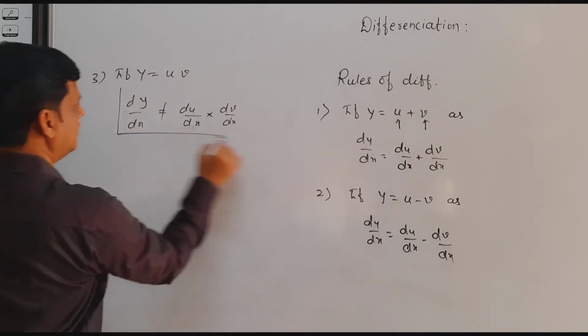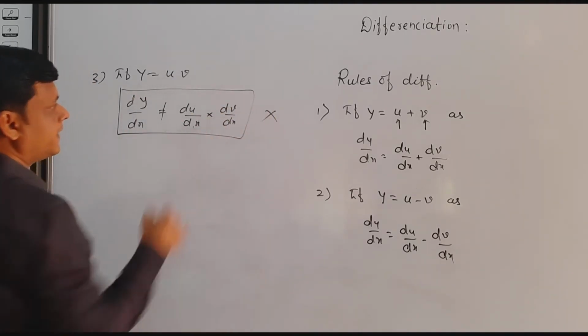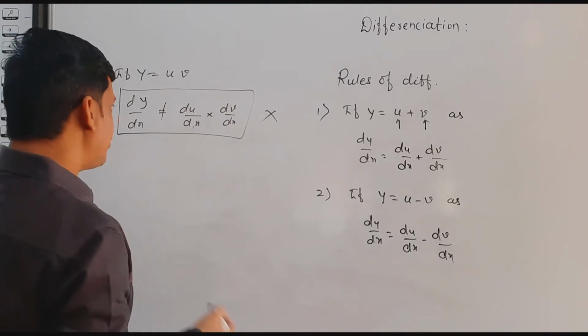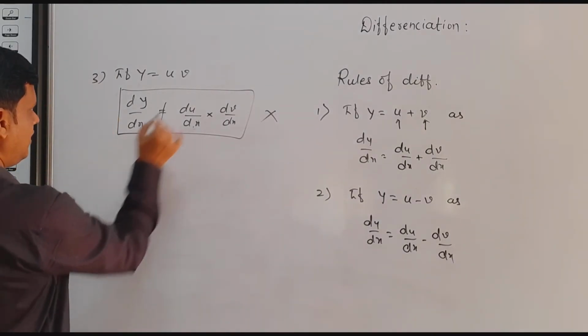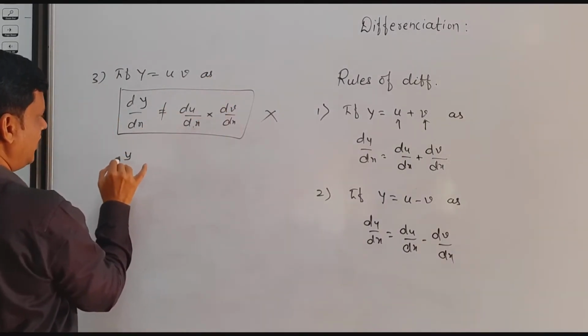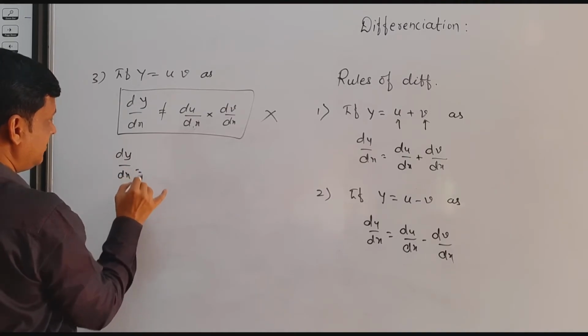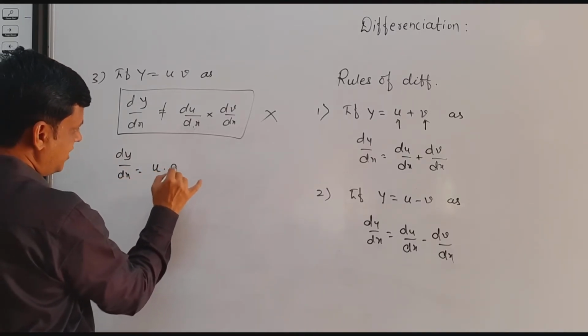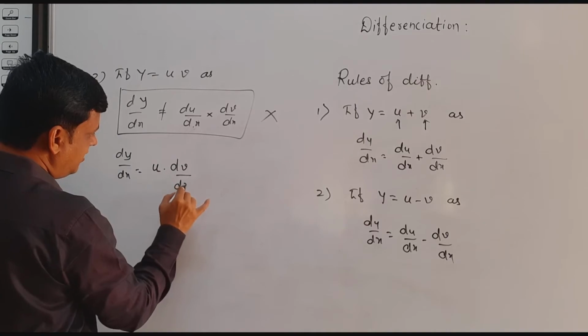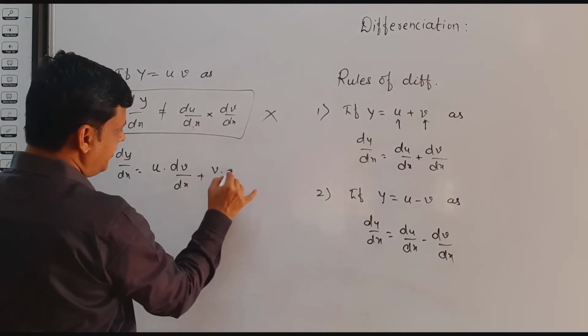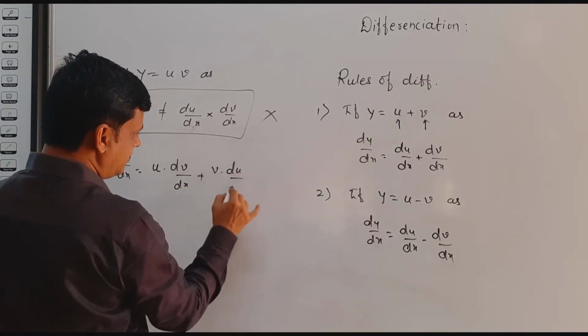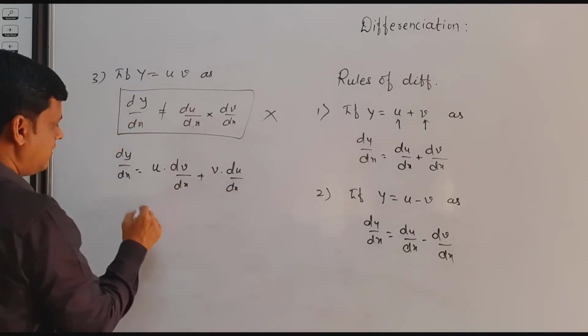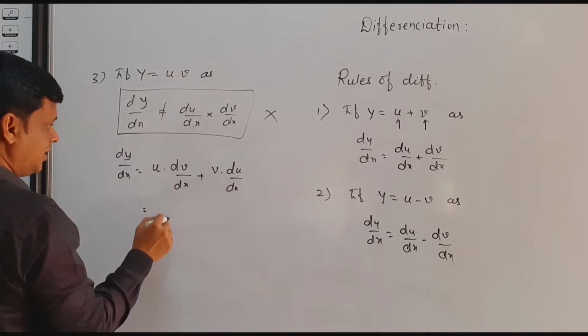This is wrong. So we have to use the product rule here. The product rule is dy by dx is equal to first function into derivative of second plus second function into derivative of first.